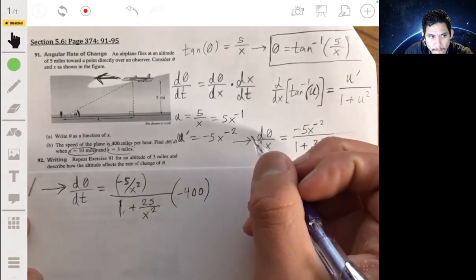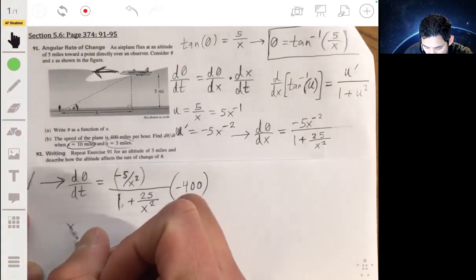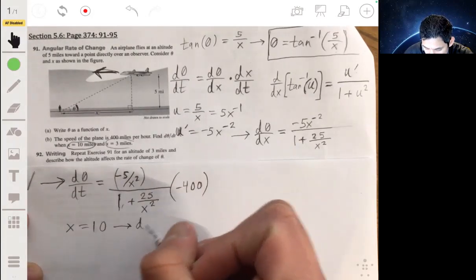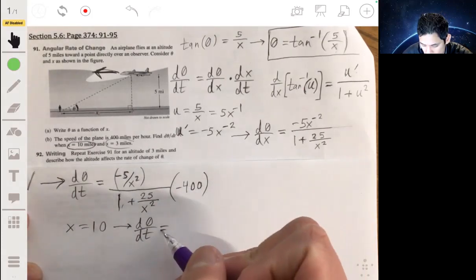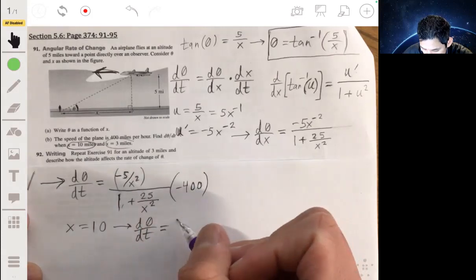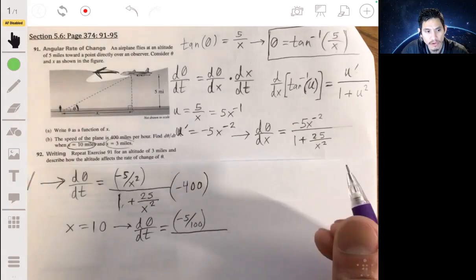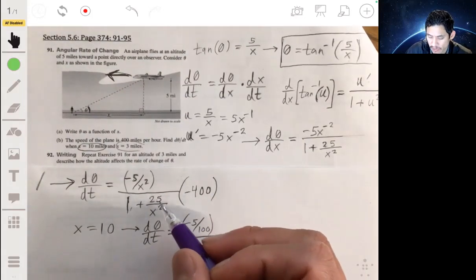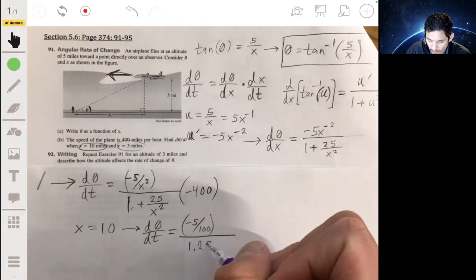So when x is 10, d theta dt will just be -5 over 10 squared, or -5 over 100, over 1 plus 25 over 10 squared, 25 over 100. So it's a fourth. So 1 plus a fourth on the bottom is just 1.25.